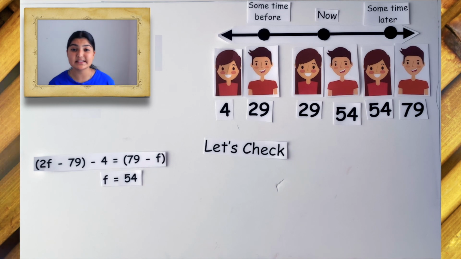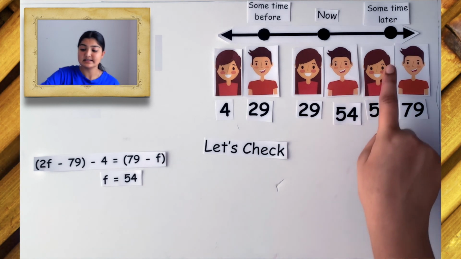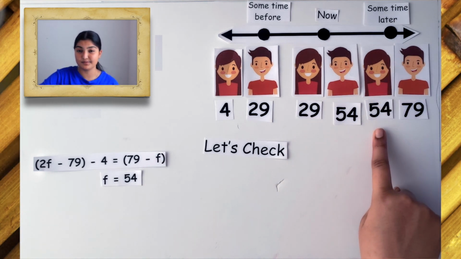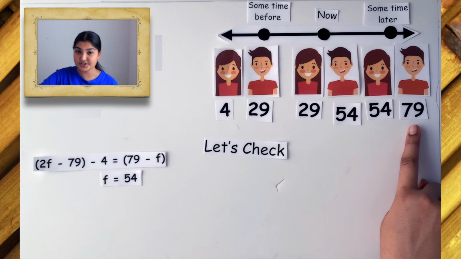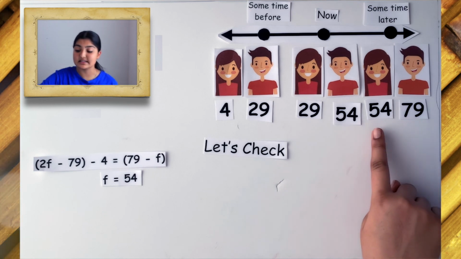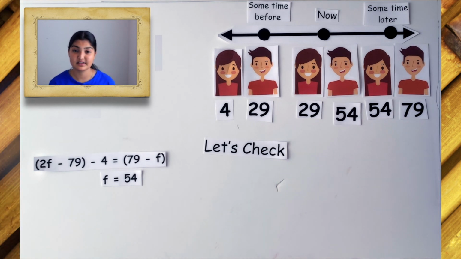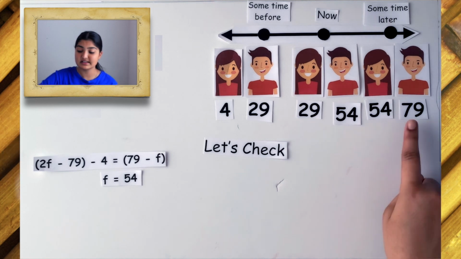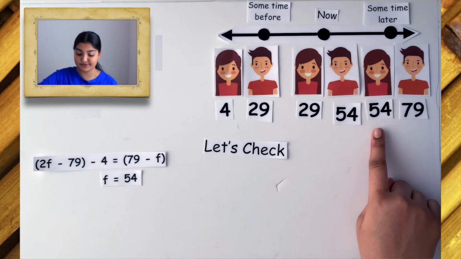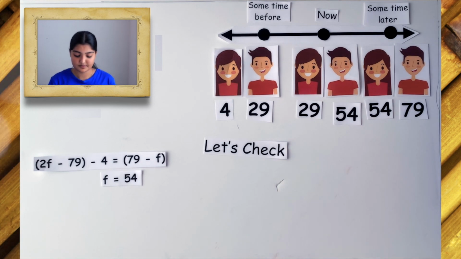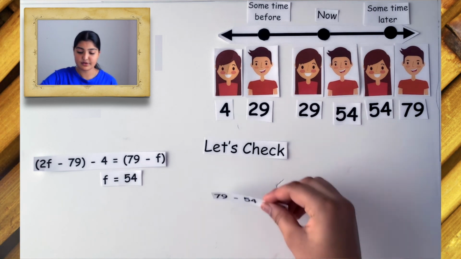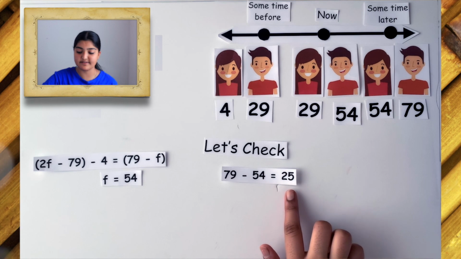Starting with the difference in their ages sometime later. We can find the difference by doing the father's age minus the daughter's age. So 79 minus 54, which is 25.